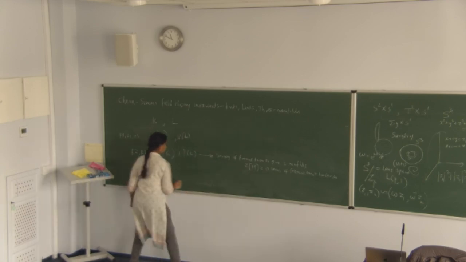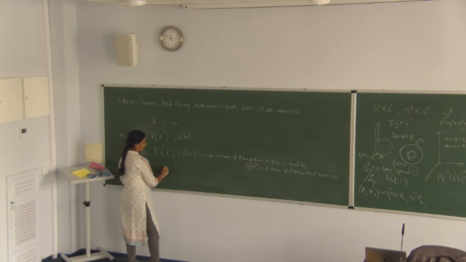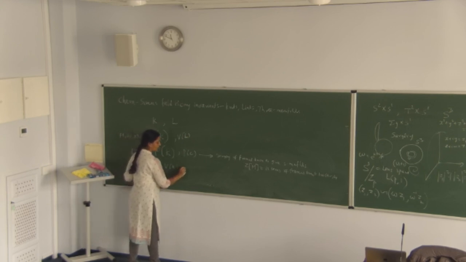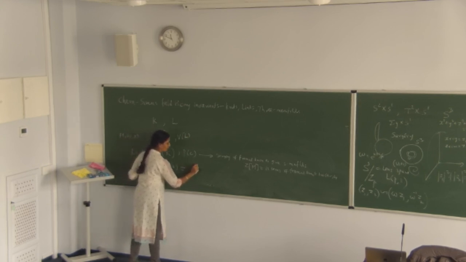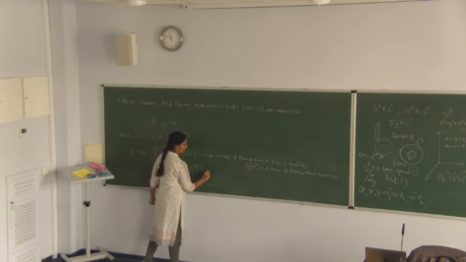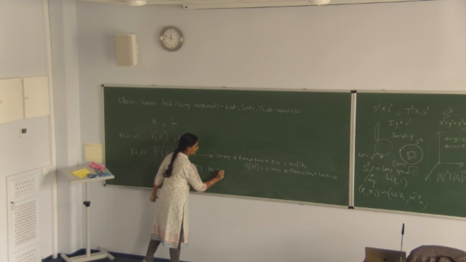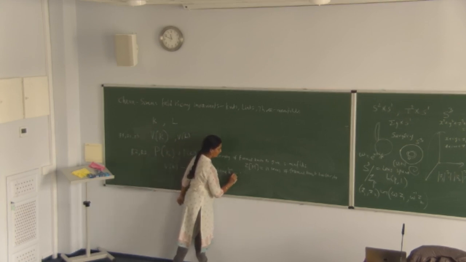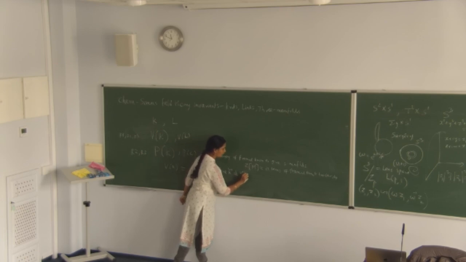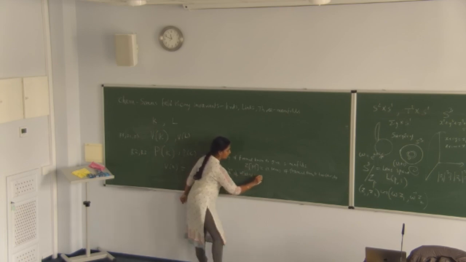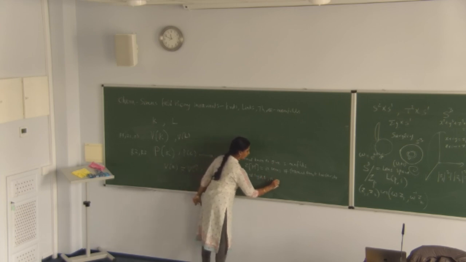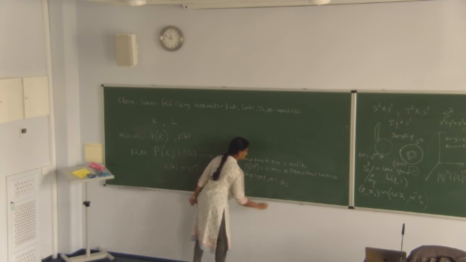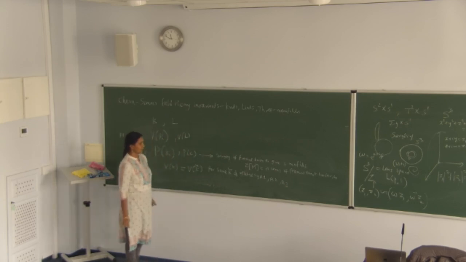And the question is whether V of K equals V of K tilde when K and K tilde are not related by the moves.